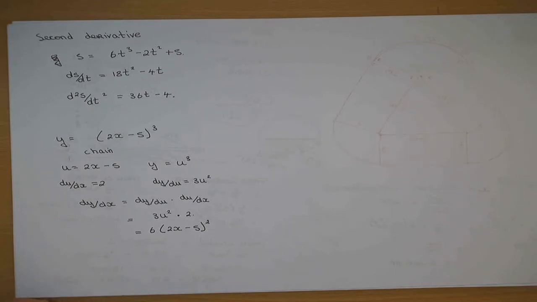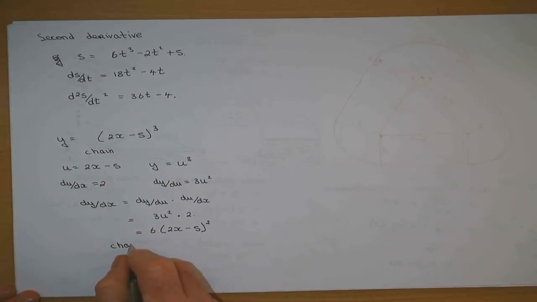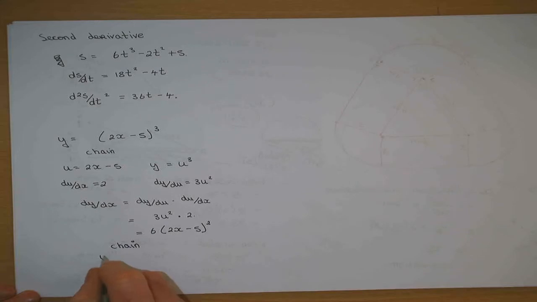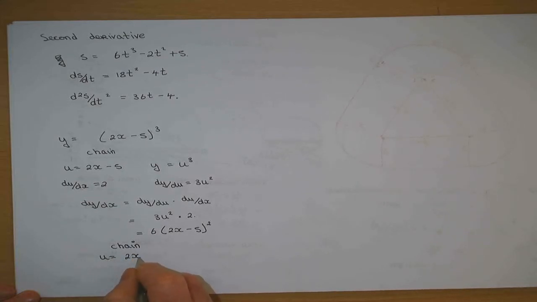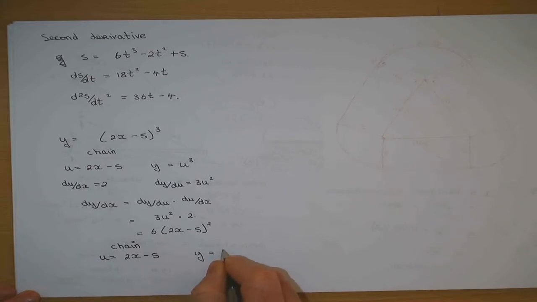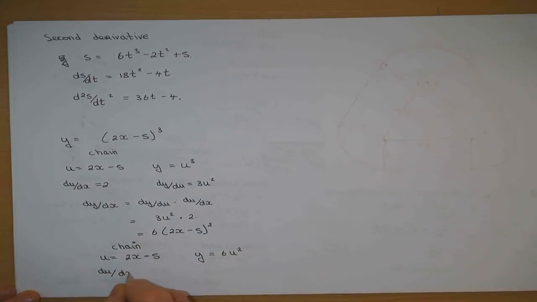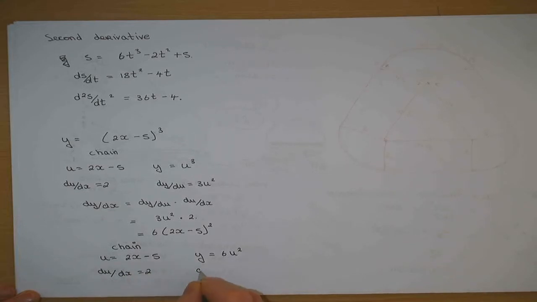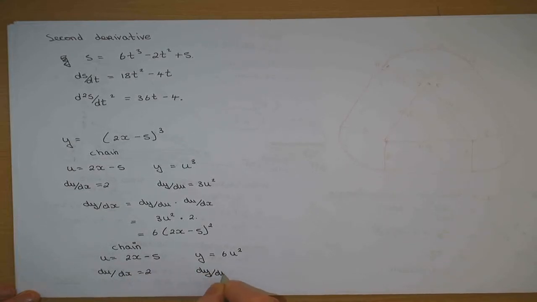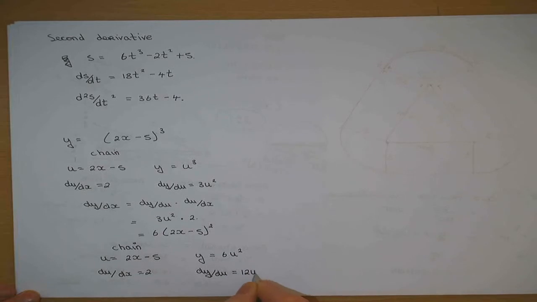If I wanted the second derivative, I differentiate that. Yes? To differentiate that, what would that be? A chain rule. What would I let u equal to? 2x minus 5. And what would that make y equal to? 6u squared. du/dx would be 2, and dy/du is equal to 12u.